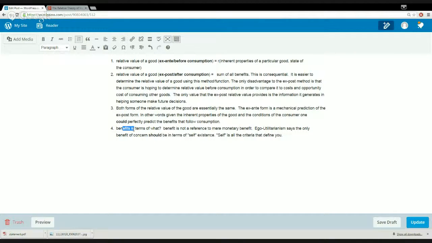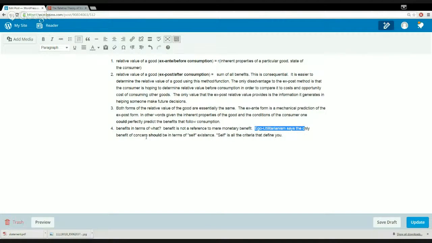And here's where I'm going to segue into my actual personal philosophy. It's self-named. I came up with the name ego-utilitarianism. So I asked, benefits in terms of what? Benefits is not a reference to mere monetary benefit.